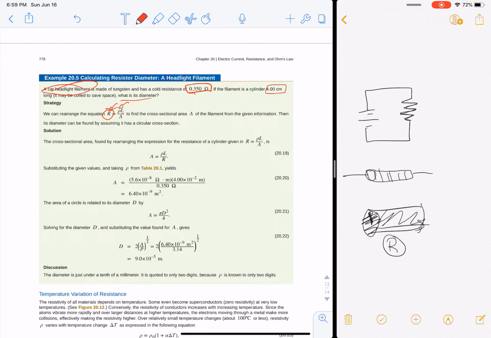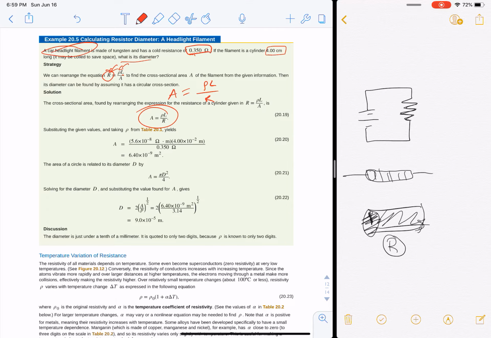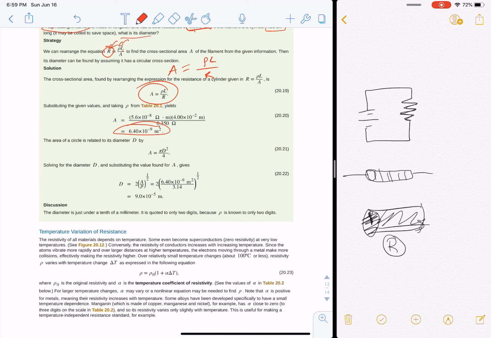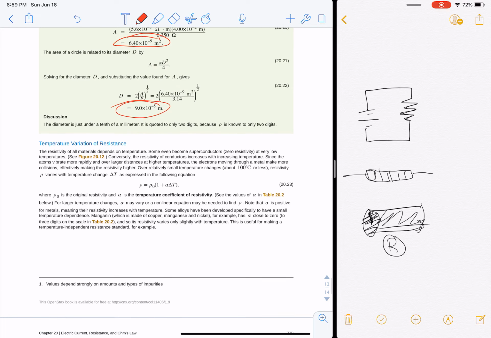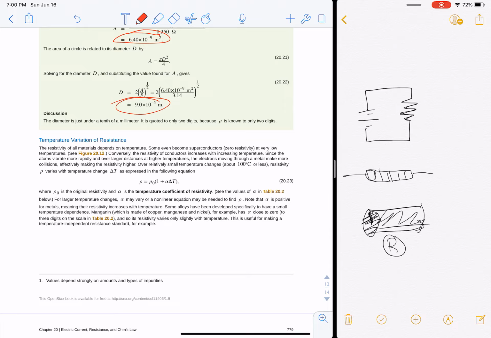So just solve for A. A is equal to rho L over R. Plug all that in, and the cross-sectional area is that. And then you could get your diameter using pi r squared and solve for that.